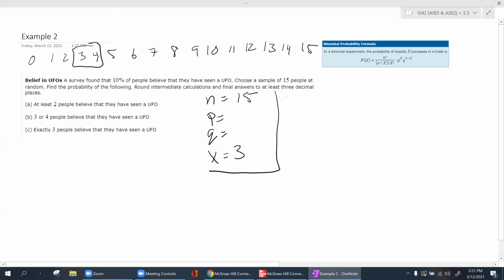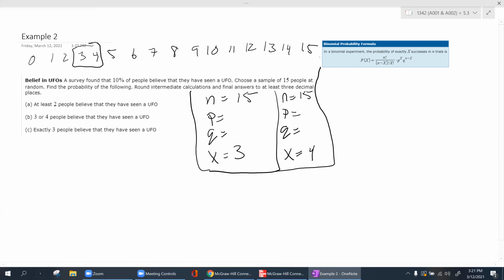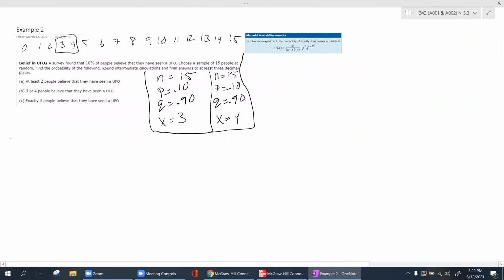Case number 1, and for case number 2, one or the other. Let's plug those in. Let's do it for 3.